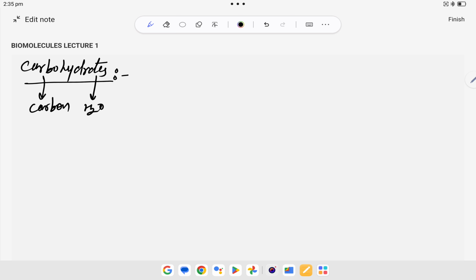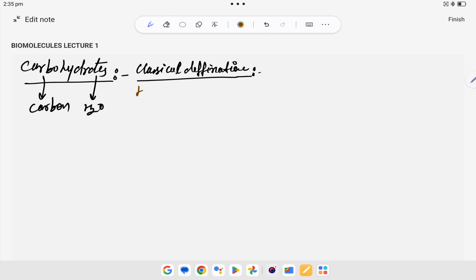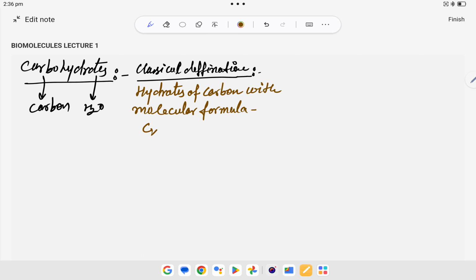So the classical definition, you can say old definition, of carbohydrate is that they are hydrates of carbon with the molecular formula CxH2Oy.